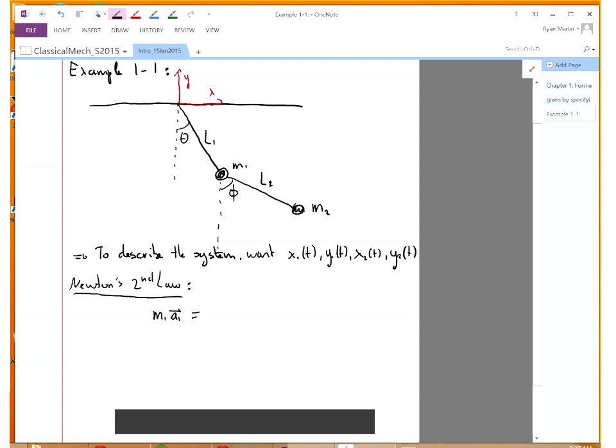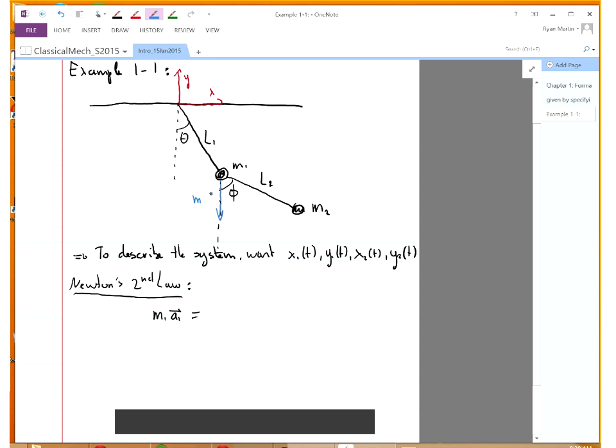So right now you have to stop and go figure out what the forces on m1 are. Hopefully this is first year physics, so I hope I'm not losing anybody here. But please do ask me if you have a question, because for some of you it might have been a while since you've done a free body diagram. So we draw the forces on M1. On M1 we have three forces.